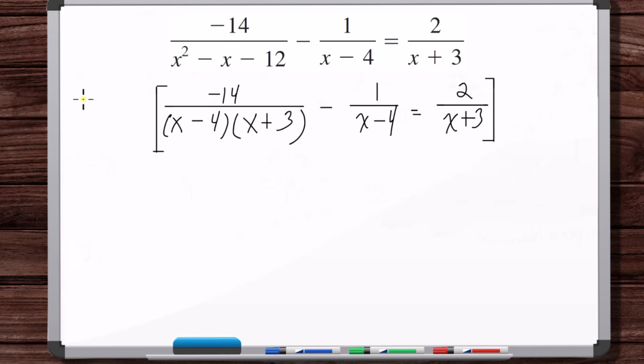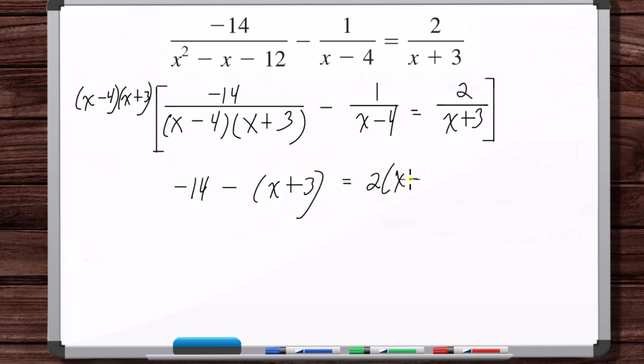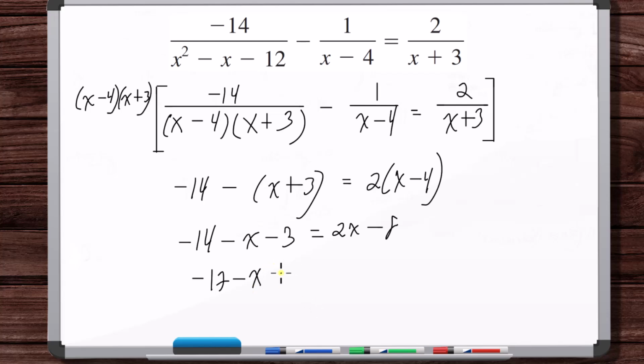So let's multiply by x minus 4 times x plus 3. So minus 14 minus x plus 3 is equal to 2 times x minus 4. So minus 14 minus x minus 3 is equal to 2x minus 8. Minus 14 minus 3 is minus 17.